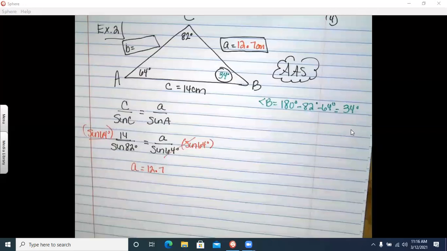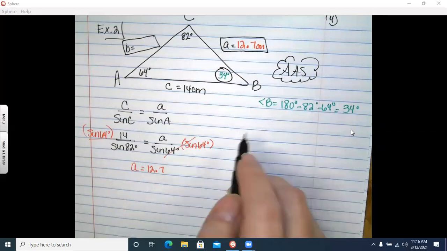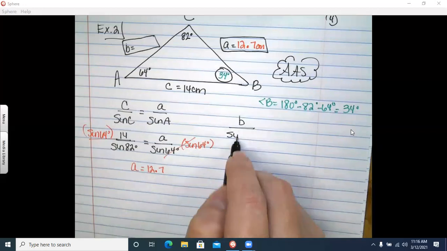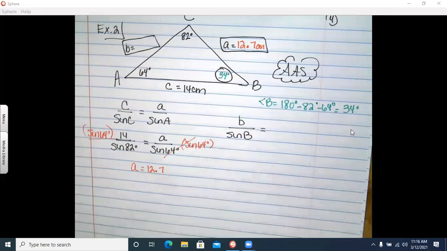So now we can find side B. So I can either use A over sine of A or C over sine of C. It does not matter because I know both of those, but I have to use B over sine of B because that's what I'm trying to find, right? So since I know the other two, it doesn't matter which one I use.